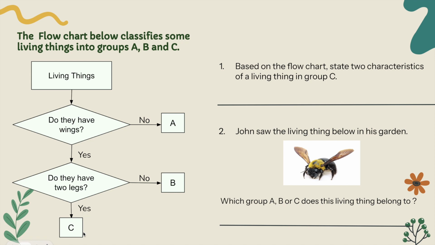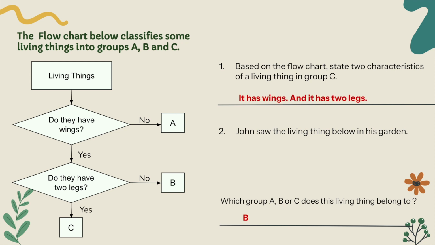The living thing in group C has two legs. So we can conclude that living thing in group C has wings and two legs. So the answer is it has wings and it has two legs.